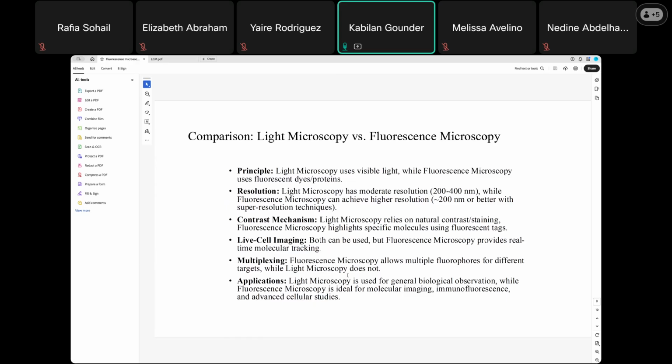The principle for light microscopy is that it mainly uses visible light as a light source, whereas fluorescence microscopy uses fluorescence dyes and proteins.